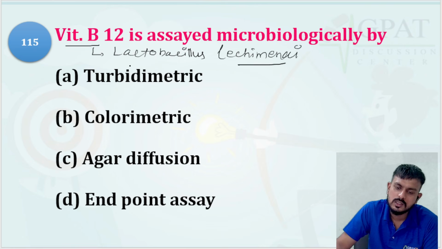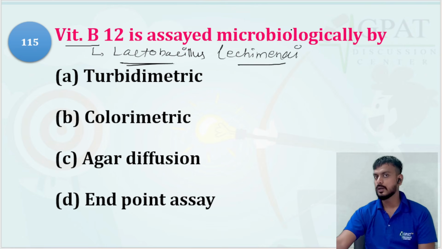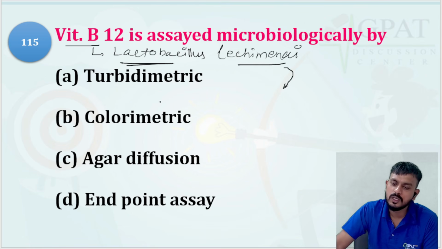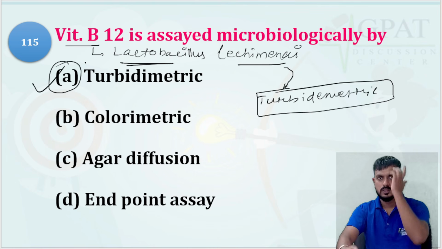This Lactobacillus leishmanii, when cultured, is basically used for the microbiological assay of vitamin B12. But which particular principle do they follow? The principle they follow is turbidimetry. Based upon this, turbidity will develop, and that turbidity we are going to measure. Option A is the correct answer.